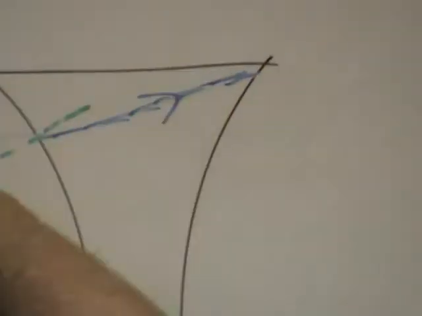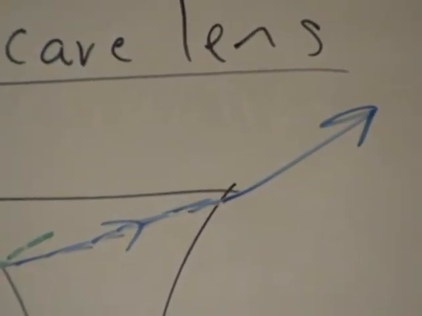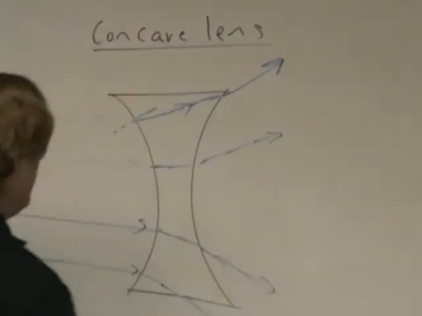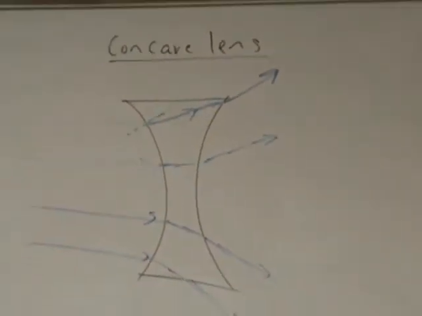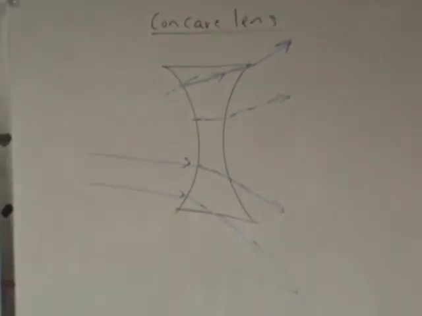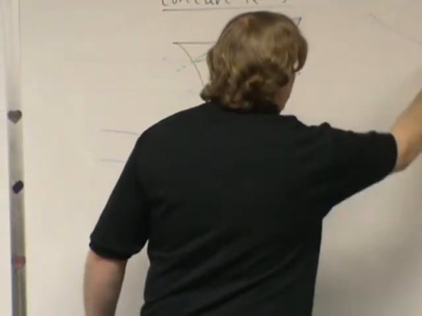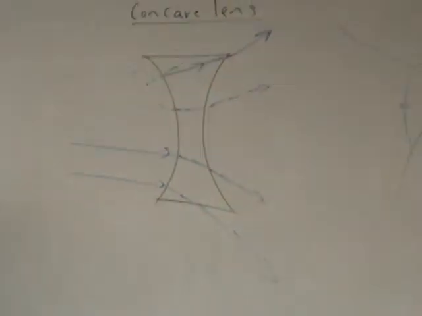This lens, and I'm not going to go through the awful details again, but for the same reason, you end up getting more refraction away. So you get this sort of phenomenon where the rays are diverging. The lens refracts the rays so that they diverge. So if somebody was looking at all these diverging rays, what would he have to do with those rays to figure out where the image is? Backtrack, track backwards.